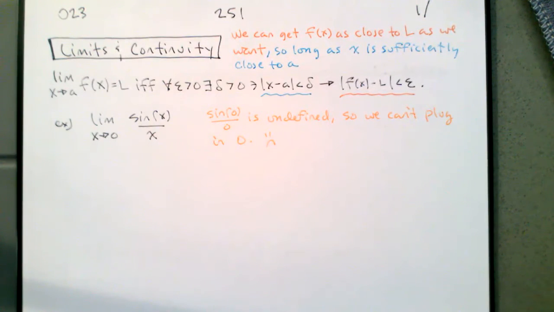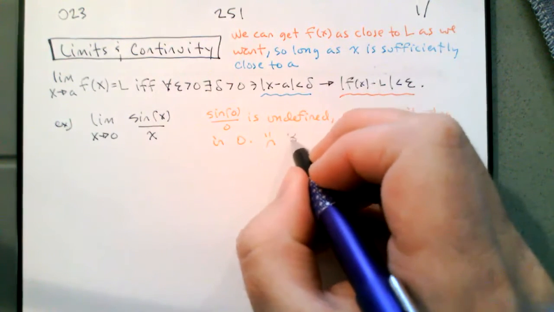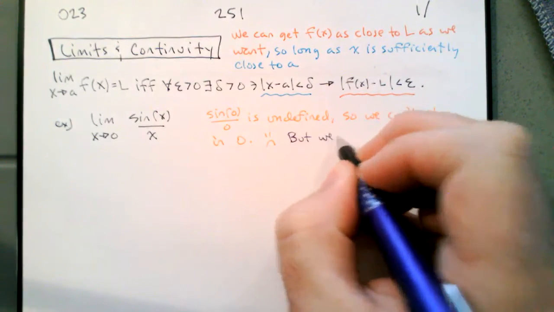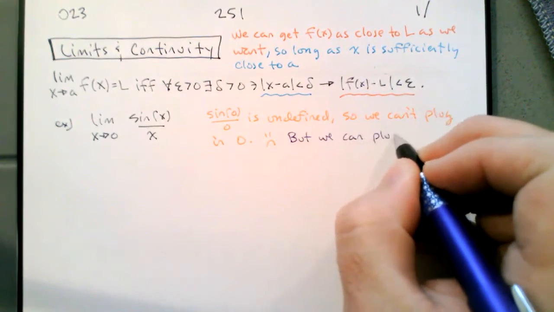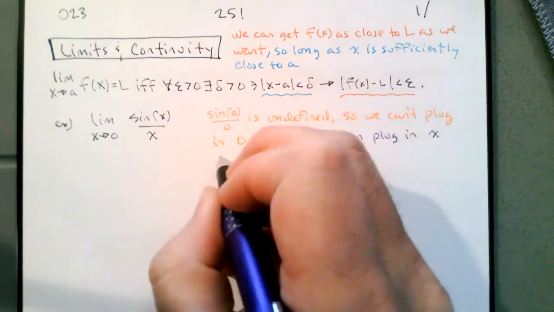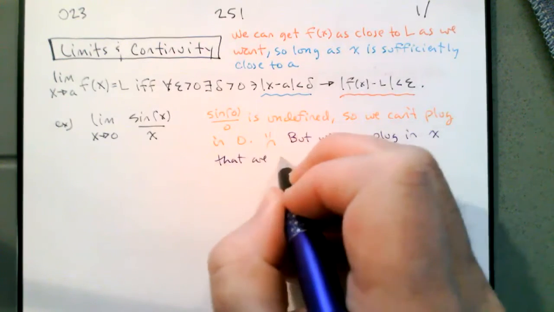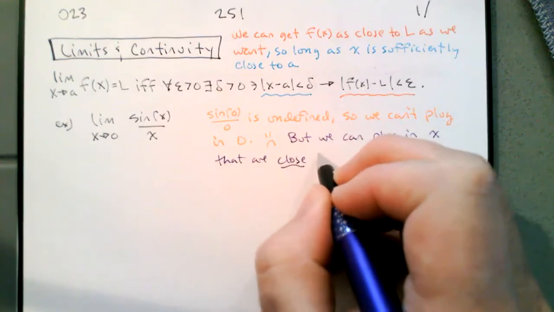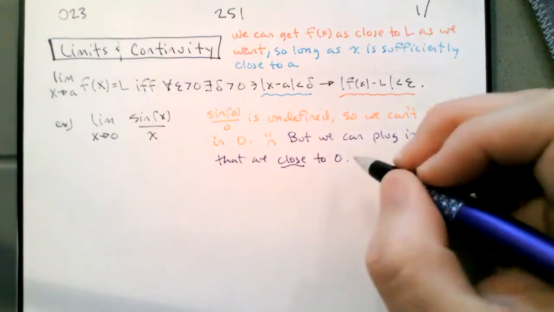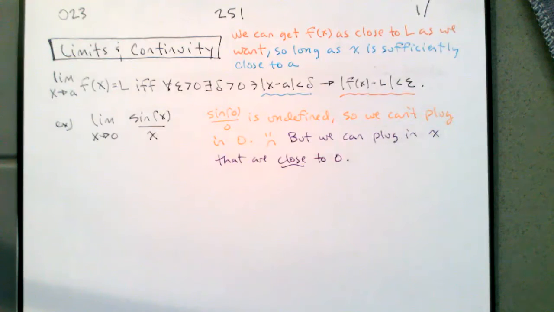But we can plug in values of x that are close to 0 to see if this expression is approaching some value. So let's plug in a bunch of values of x that are close to 0.